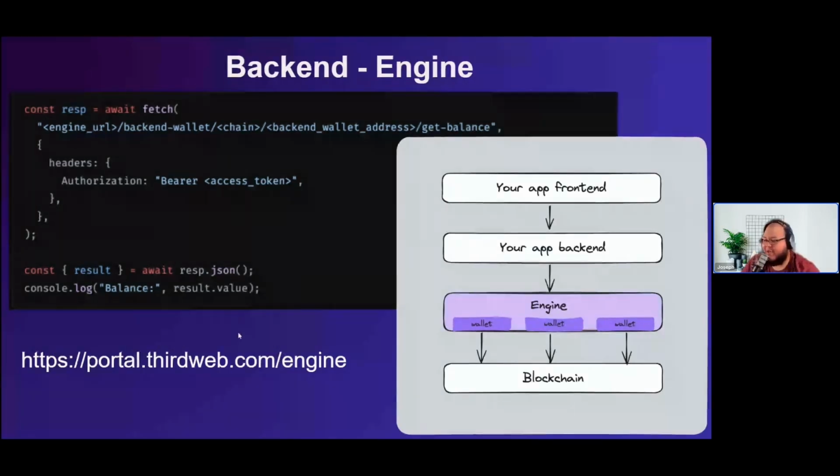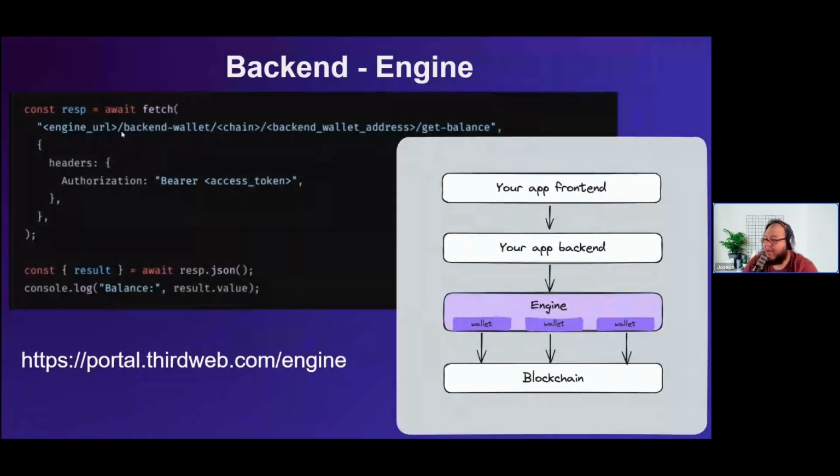You have this whole list of endpoints that you can use. Anything in our SDK that you want to do, you can do in Engine. So if you are doing token transfers, or, for this example here, getting the balance of a backend wallet, as you can see, it's a simple API call. You create your Engine instance. It's a cloud-hosted instance server, so you have a URL that you can access.